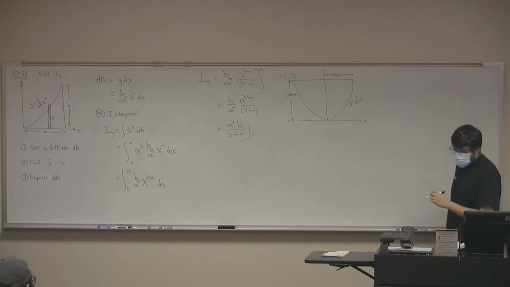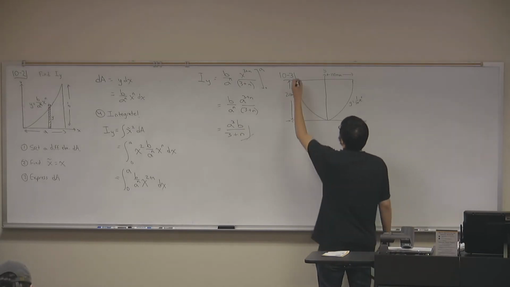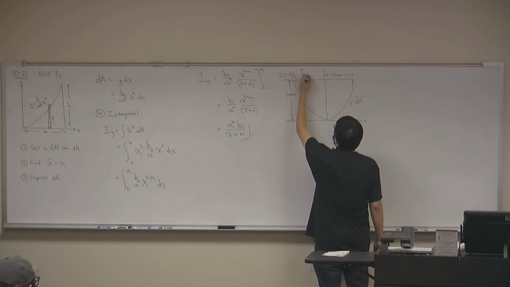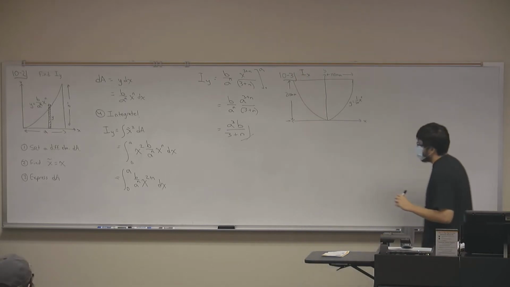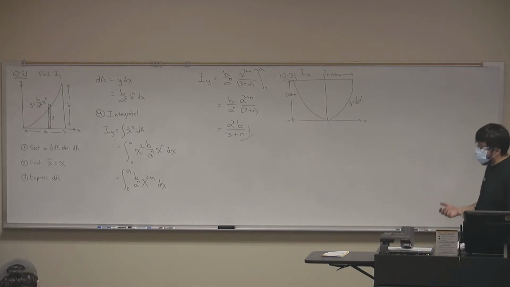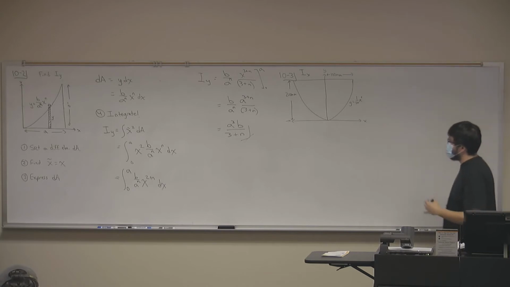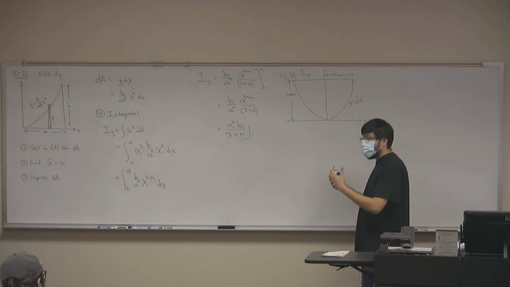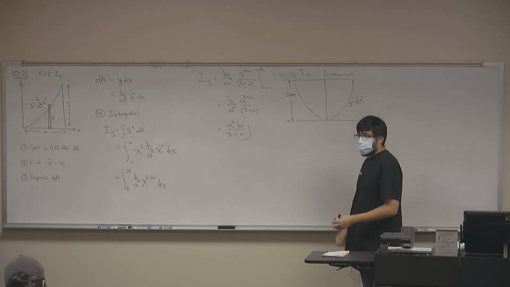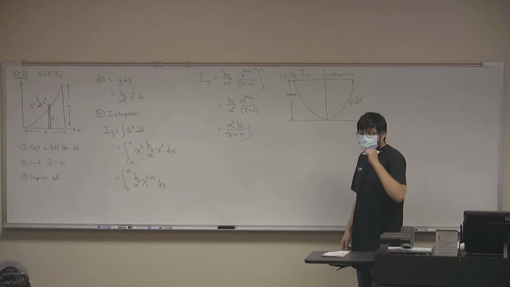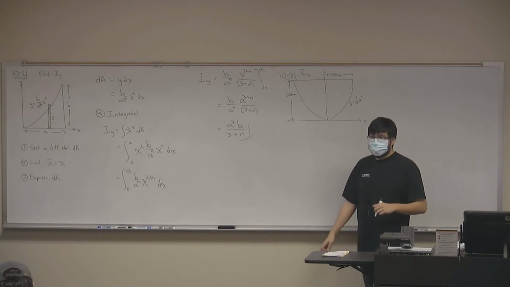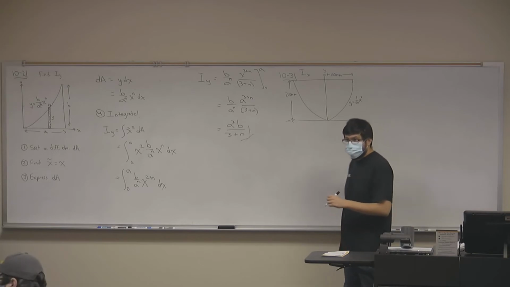Let's find the moment of inertia about the x-axis. Now, we've already done two problems where I've walked you through the problems. I would like for you to walk me through this problem. So begin. Start by. Go.